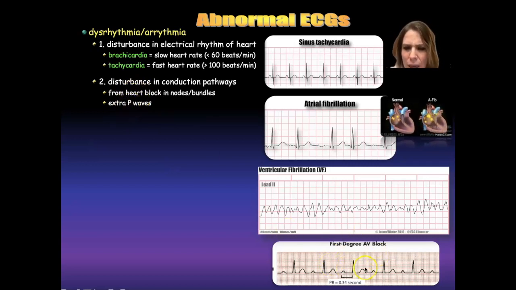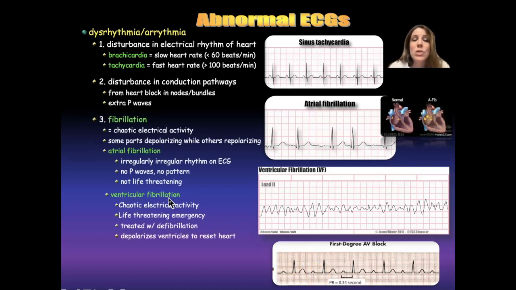And so you can see in this EKG down here, this is a first degree AV block ECG. So in other words, this person is having some kind of blockage in the AV node, and notice that you get these extra P waves going on.